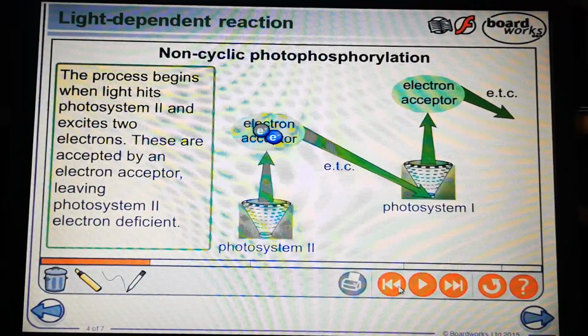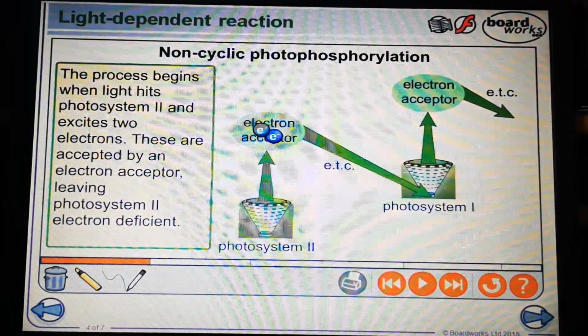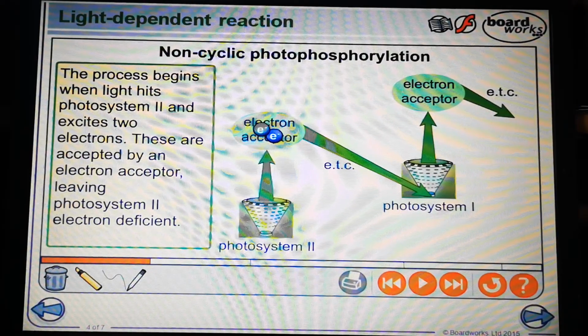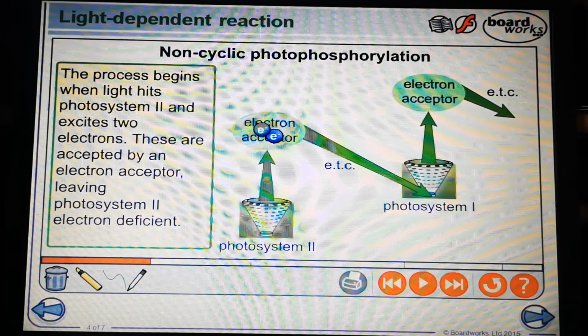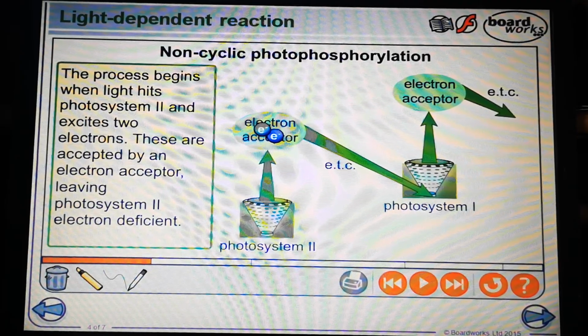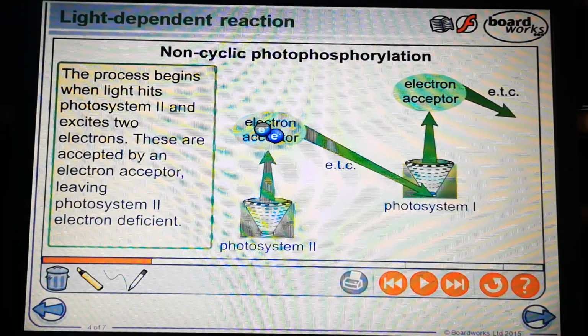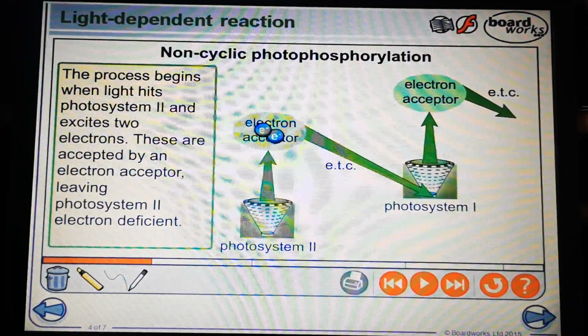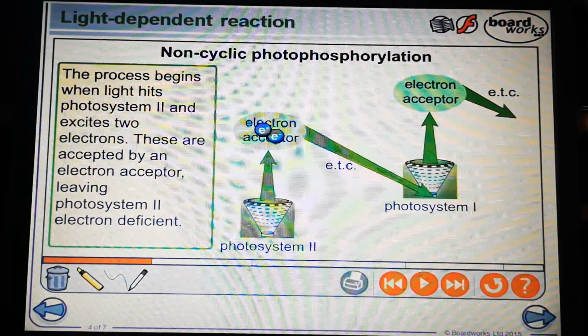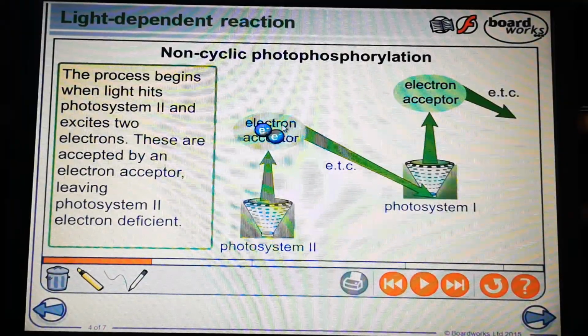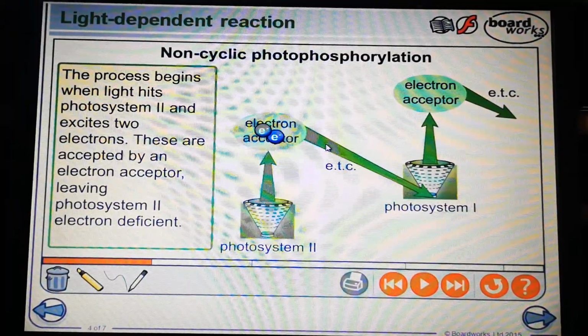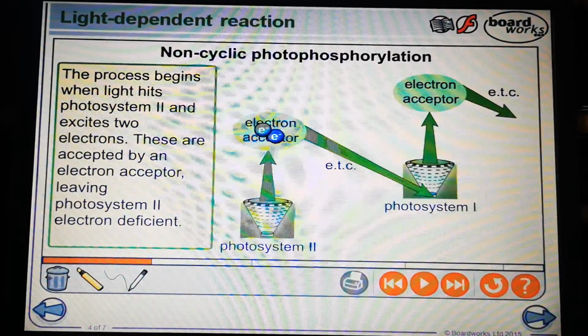So your light energy, which you saw there, is going to be absorbed by the chlorophyll in photosystem 2, and that's going to cause a pair of electrons to leave the chlorophyll, and they're going to be excited to what we call a higher energy level. What happens then is that pair of electrons will be accepted by a molecule that's obviously found inside the membrane of the thylakoid.